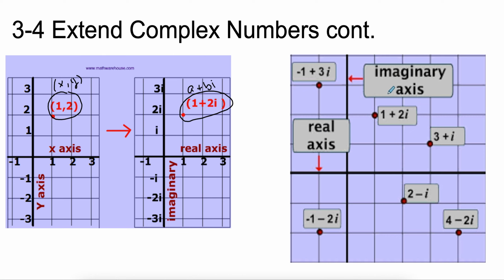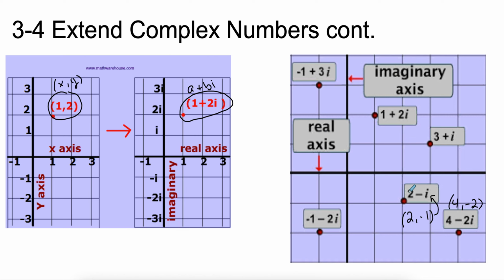Okay, so here's a few more examples to check out. This one would be like a 2, -1, but it's written as 2 minus i. This would be like a 4, -2, but it's written as 4 minus 2i. So you have to be able to switch your brain to think about these complex numbers like these regular numbers, and you have to write them as a complex number.